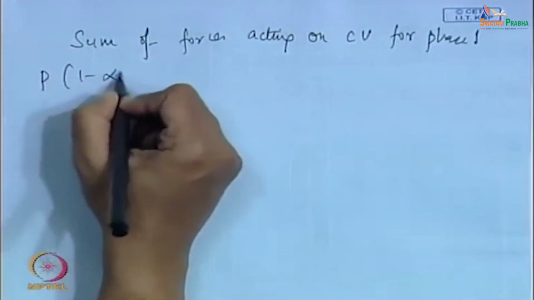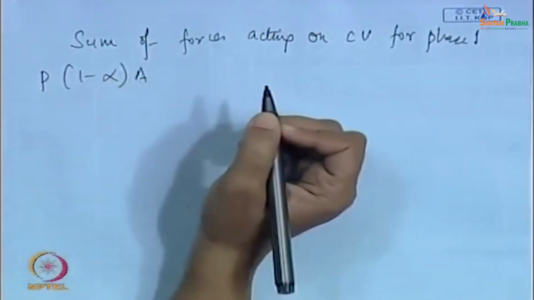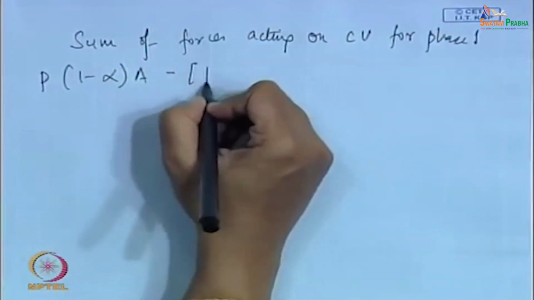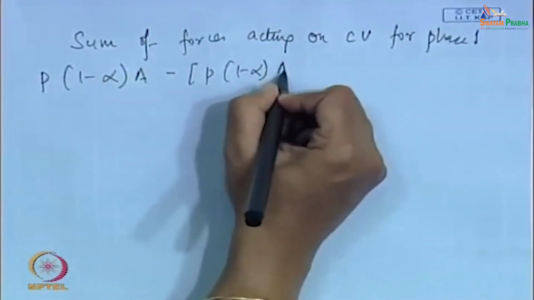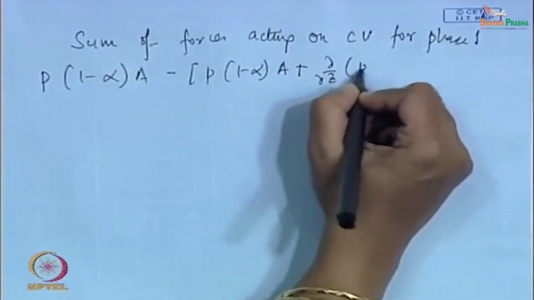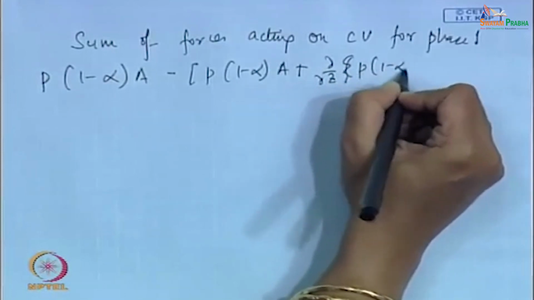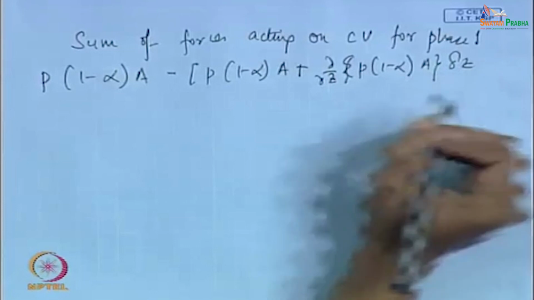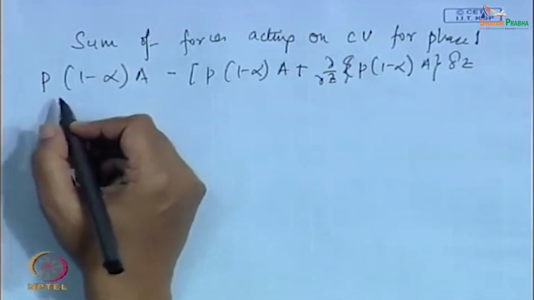P into 1 minus alpha into A, fine, minus P into 1 minus alpha A plus del del Z of P into 1 minus alpha A delta Z. Agreed?